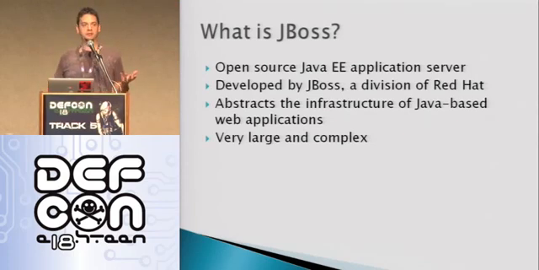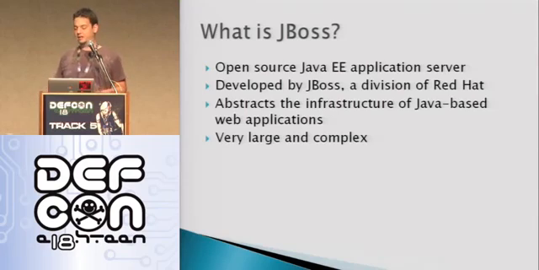Okay, so what is JBoss? How many of you already use JBoss and that's why you're interested? Wow, okay, a bunch. How many of you use WebSphere or are in the wrong room? That guy over there. Okay, so you already know what JBoss is, but just really quickly, it's a Java EE application server. People like it because it's open source. It's by JBoss, which is now a division of Red Hat.